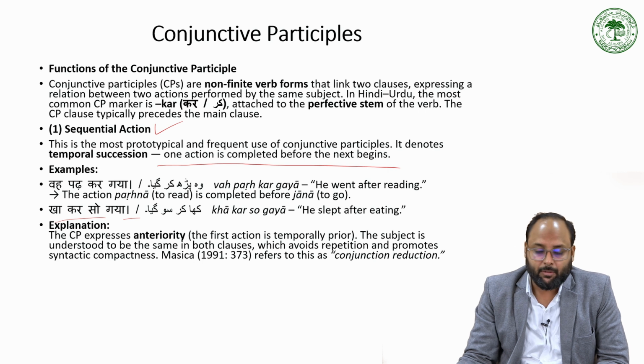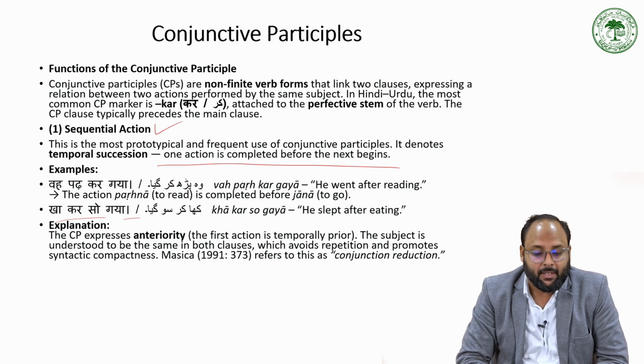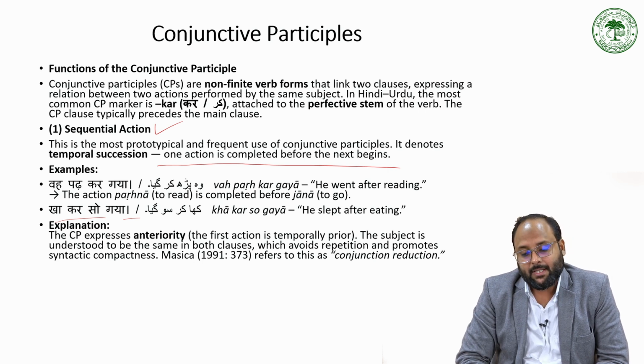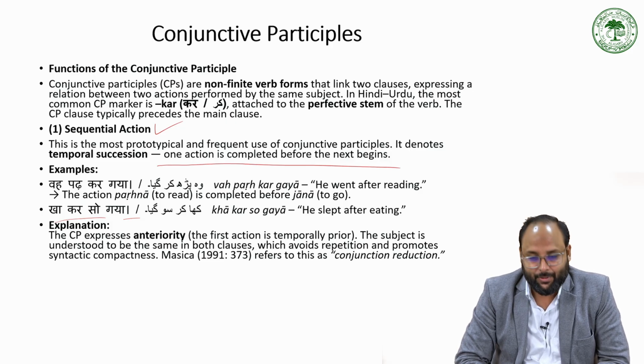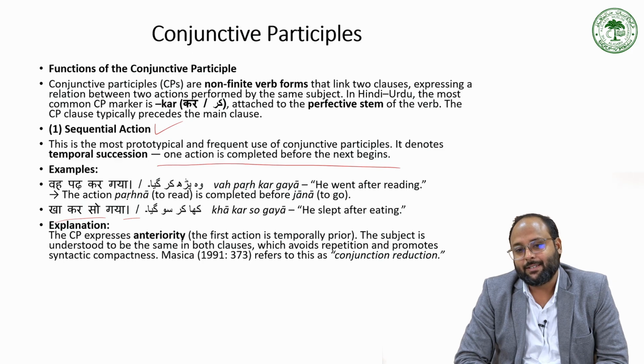So the conjunctive participle expresses anteriority. The first action is temporally prior, and the subject is understood to be the same in both clauses, which avoids repetition and promotes syntactic compactness. Masica referred to this as conjunction reduction.